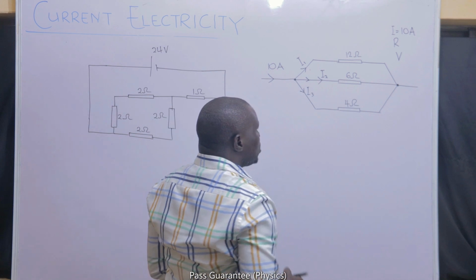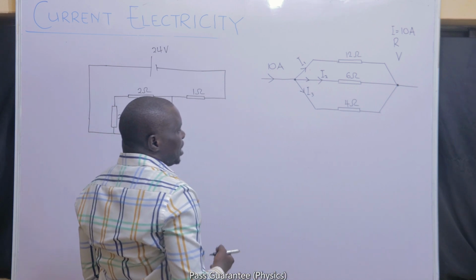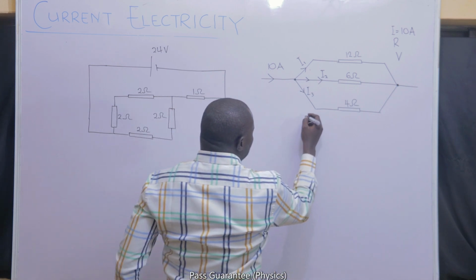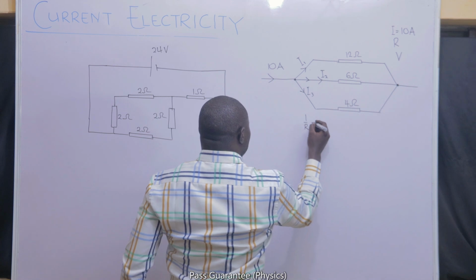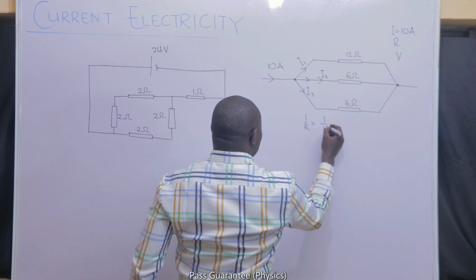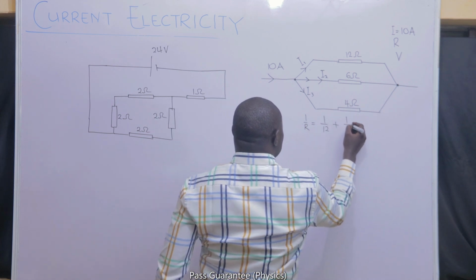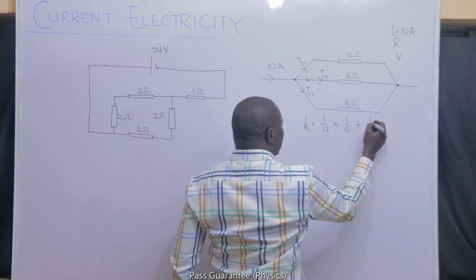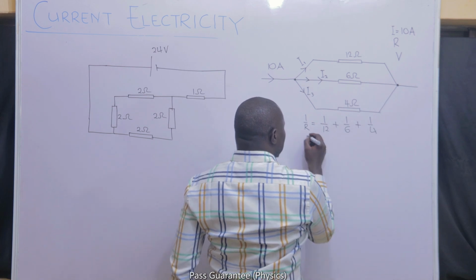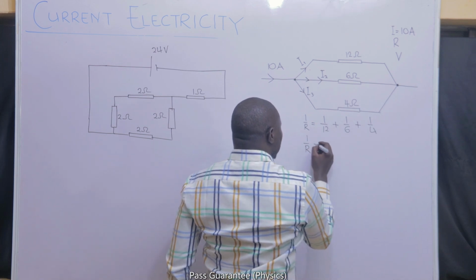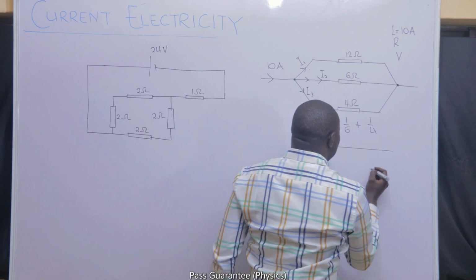If I want to find the total R, because they are obviously in parallel, I will use 1 over R is equal to 1 over 12 plus 1 all over 6 plus 1 all over 4. So I have 1 all over R is equal to, I'll find the LCM of 12, 6, and 4.